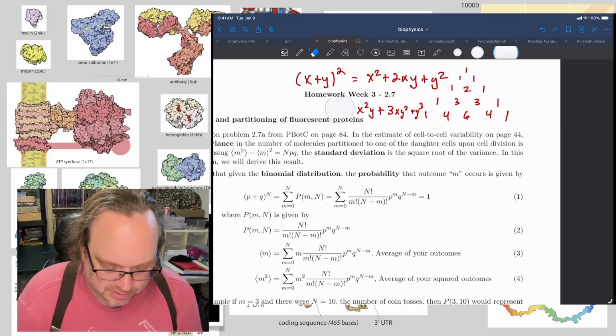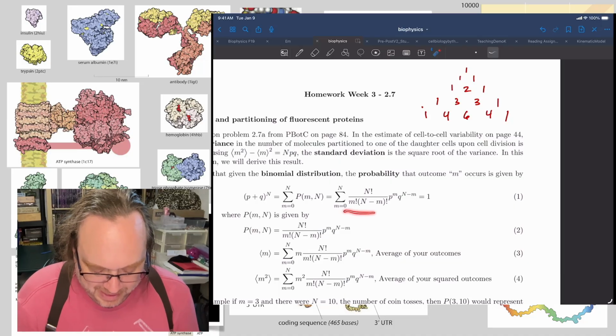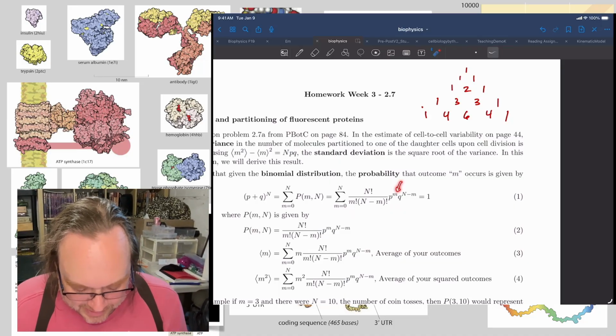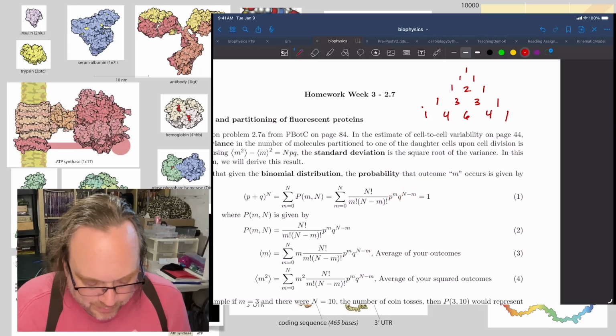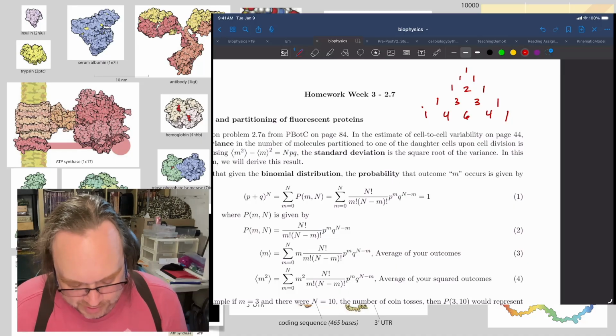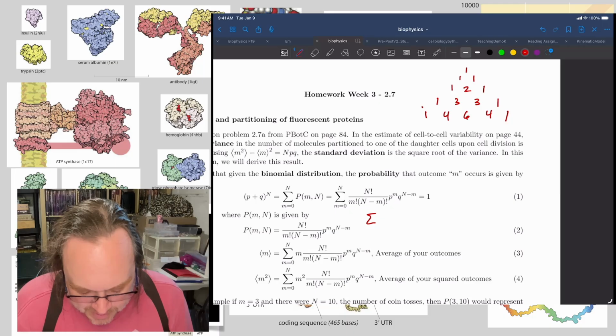Pascal's triangle is basically what is in this kind of ugly looking mathematics here. You just don't realize that that's what's there. If you were to write this out, you get p to the m, q to the n minus m. And say we're going to write this out, and we're going to say big N is 3. We're going to do 3 flips. Okay? So I have a sum on m equals 0 up to 3.